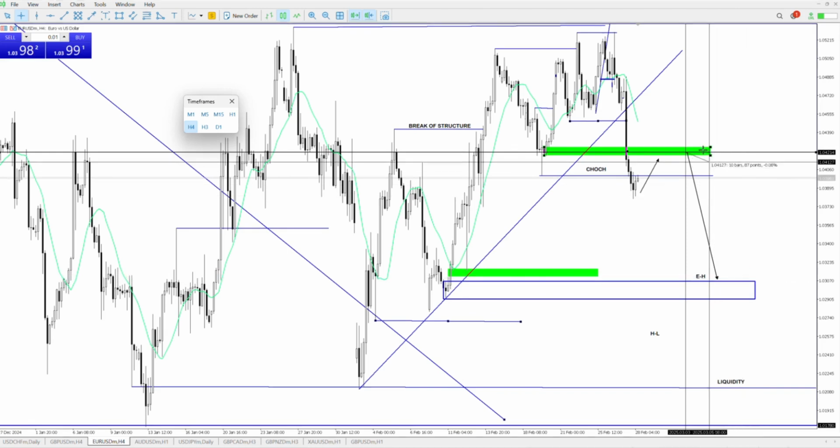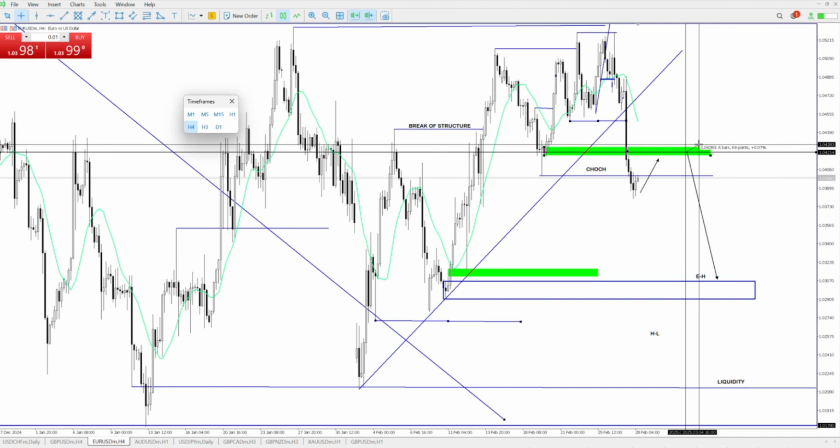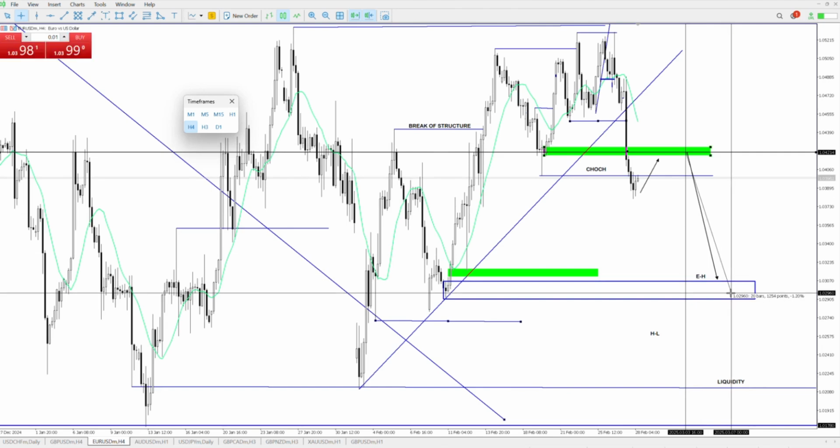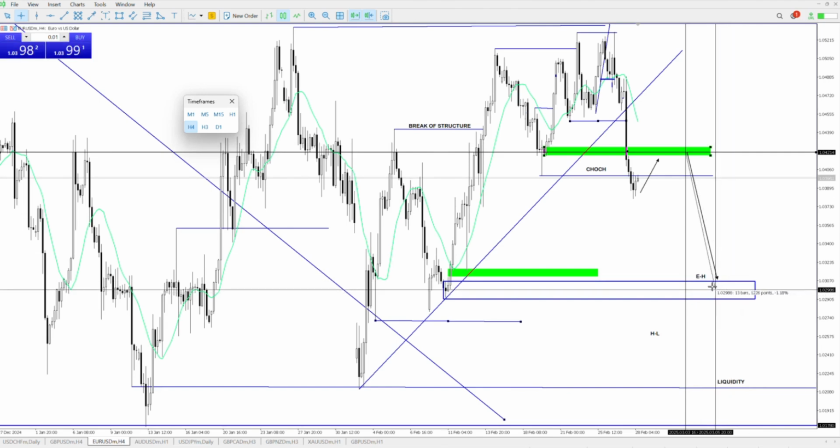And how much are you going to be risking? You are risking 6 pips for 112 pips. Can you see that that's really, really huge, right? That's huge. And it's also important to always apply proper risk management based on your account size. Now, this is the analysis. This is what we are looking out for on Euro USD.